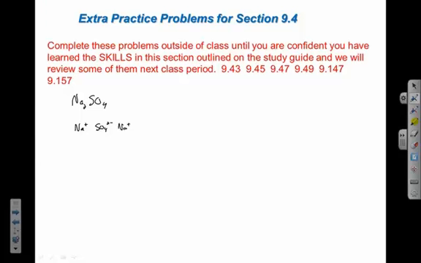Right? That repeating unit has no charge overall, but the individual parts of it are charged.